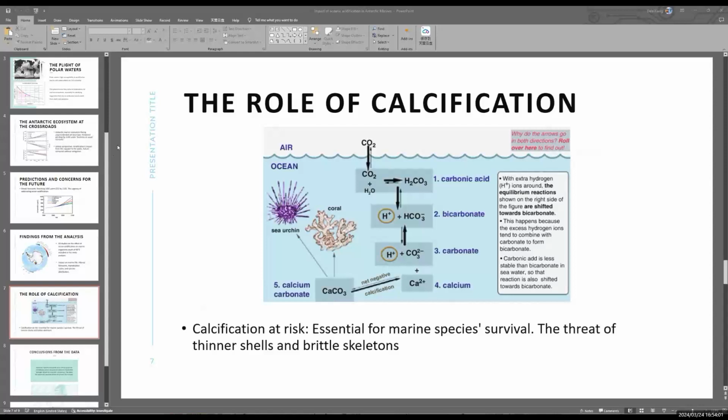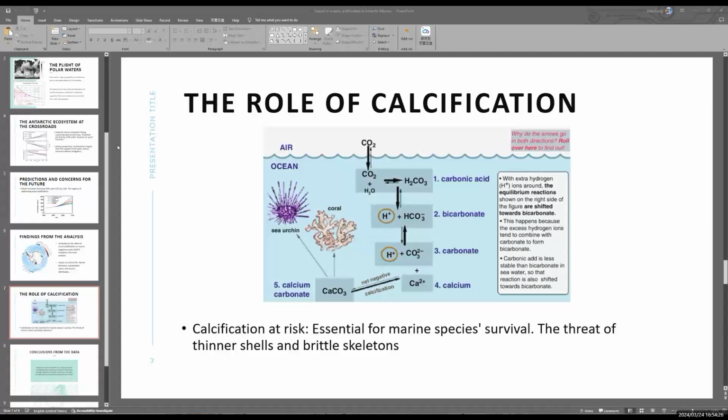And then the bicarbonate dissociates again and forms another hydrogen ion and also forms a carbonate ion. And the carbonate ion combines with calcium to form calcium carbonate. And with the extra hydrogen ions around, the equilibrium reactions on the left actually shift towards bicarbonate.